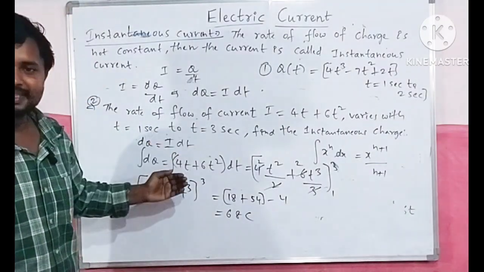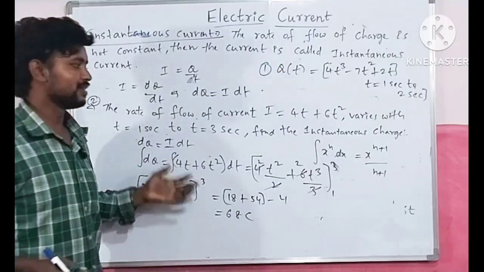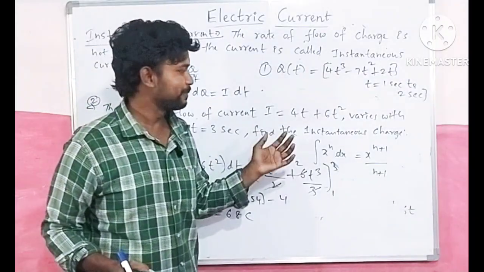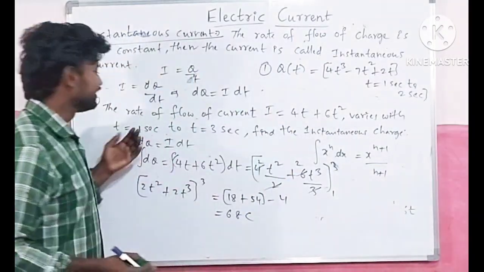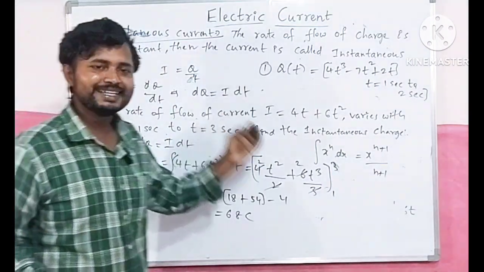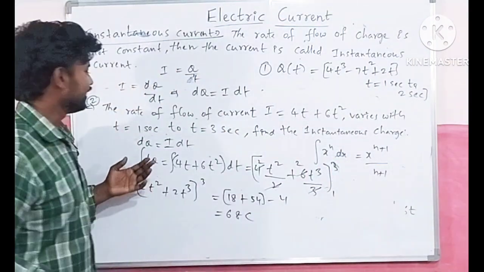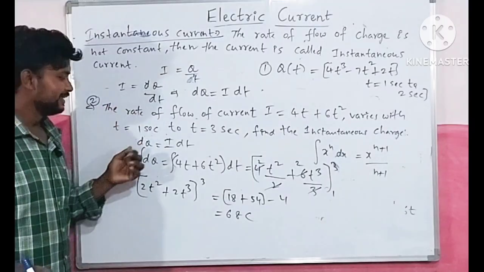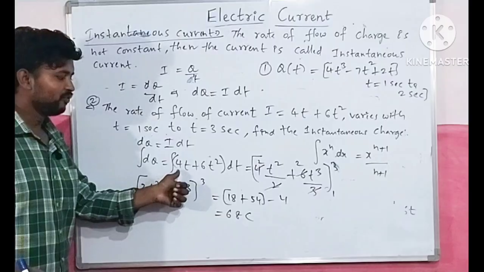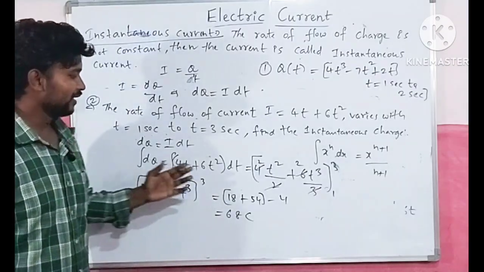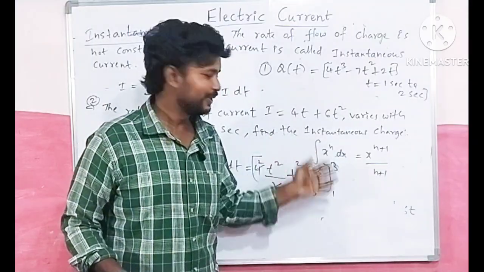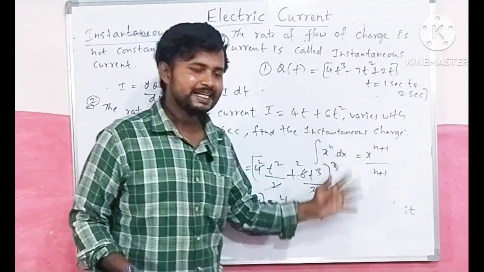Now by using the equations: the rate of flow of current is given as I equal to 4t plus 6t square, varying with time t equal to 1 second to t equal to 3 seconds. Find the instantaneous charge. We know I equals dq by dt, so dq equals I into dt. Putting in I, we integrate using the formula: integration of x power n into dx equals x power n plus 1 by n plus 1.